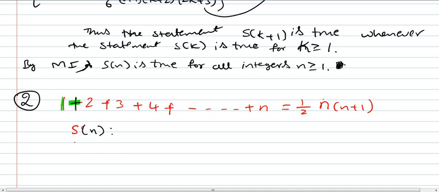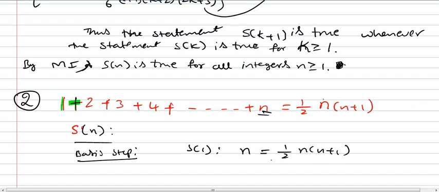Then the basis step: verify this is true for n is equal to 1. So here you have 1, no? S of 1 will be 1 is equal to 1 by 2 into 1 into 1 plus 1, that is 1 into 2 by 2, this cancels.